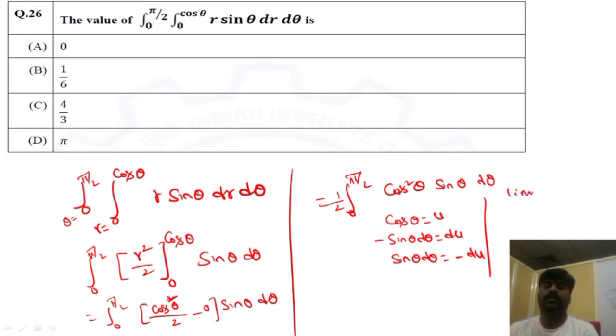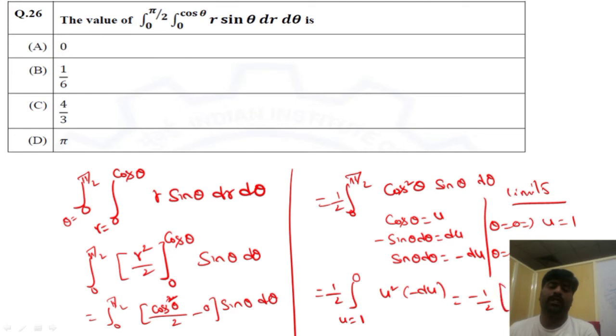Coming to the limits, if theta is 0, then cos 0 is 1, therefore u is 1. If theta is pi by 2, then cos pi by 2 is 0, so u is 0. Therefore this will be 1 by 2, u from 1 to 0, u square, where sin theta d theta is minus du.